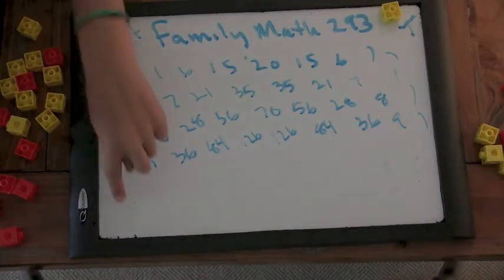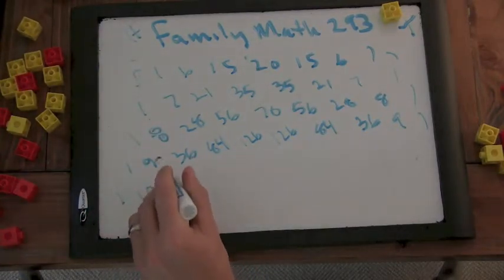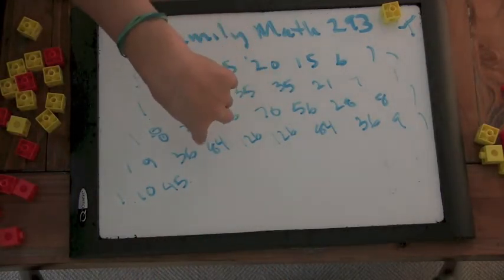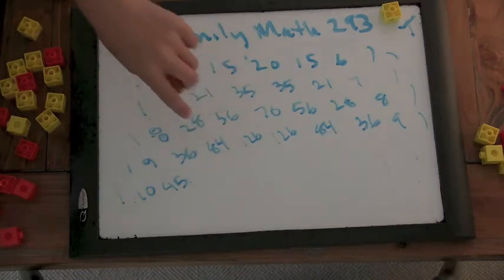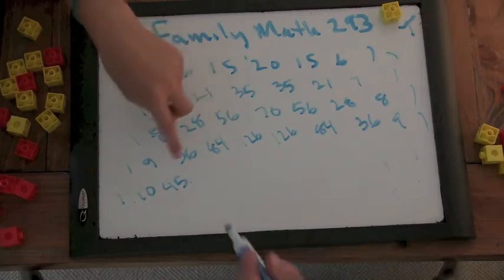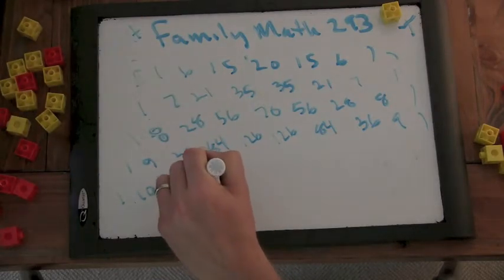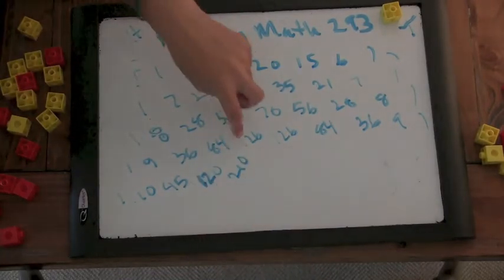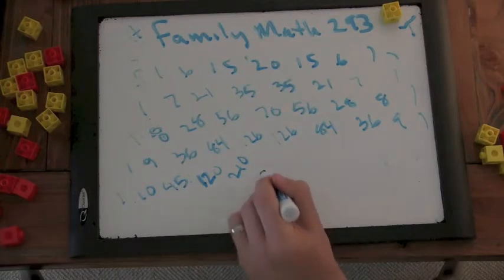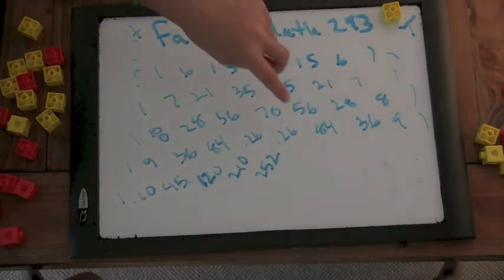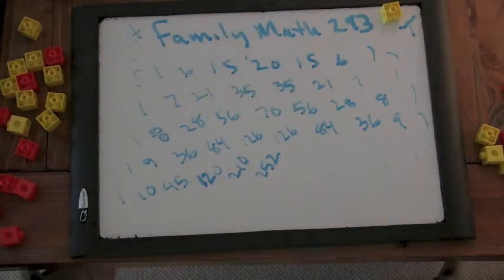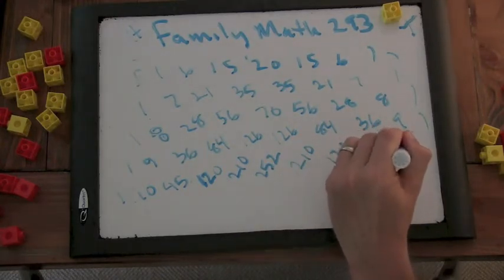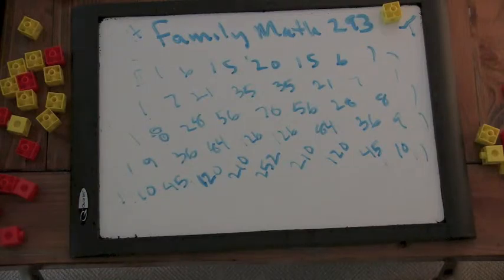Now 1, 10, 45, 120, 210, 252, 210, 120, 45, 10, 1. Okay, so we would have a lot of calculating to do.